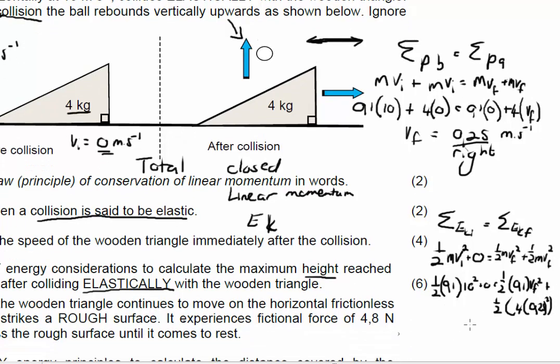When we solve this, we can calculate the final velocity of the ball, which is 9,87 meters per second.